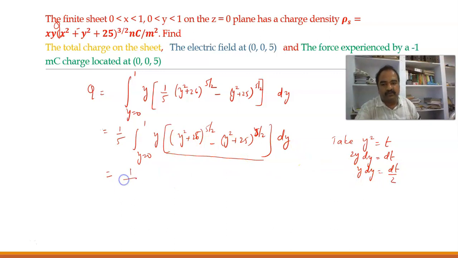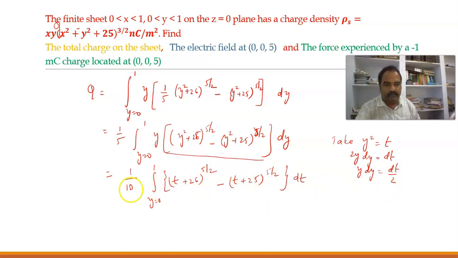So I'll get here 1 by 10, the integral from y is equal to 0 to 1 of t plus 26 whole to the power of 5 by 2 minus t plus 25 whole to the power of 5 by 2, dt.